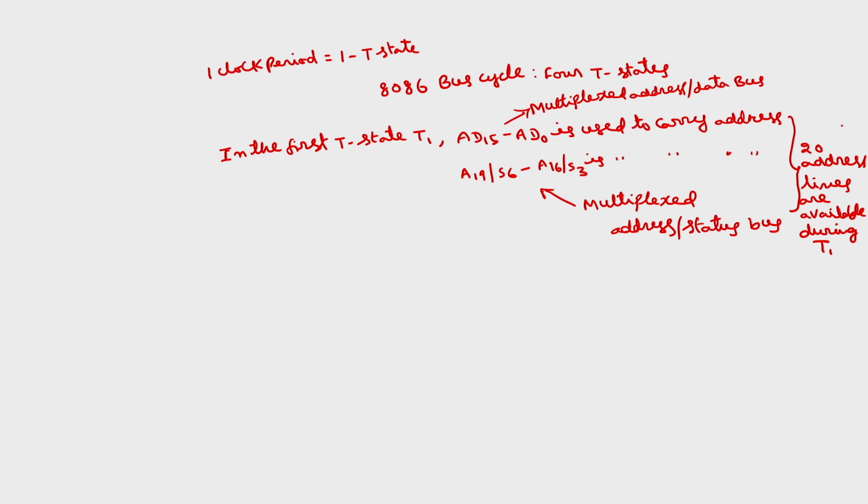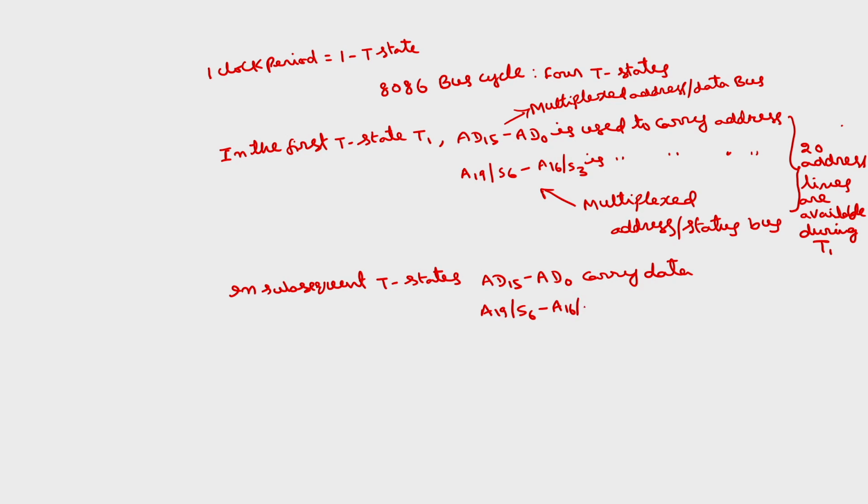The second step is you have to generate the control signals, then the next step is you have to transfer the data. So in subsequent T states, AD15 to AD0 carry data, and A19/S6 to A16/S3 carry status signals.